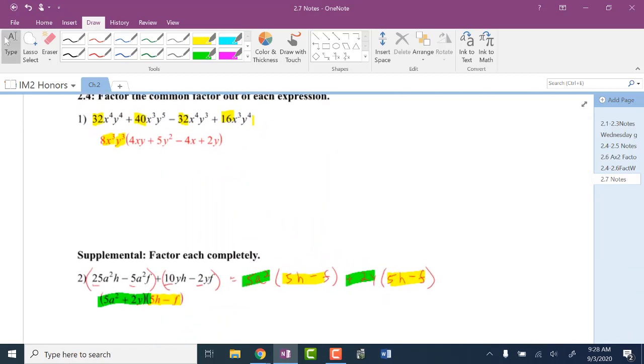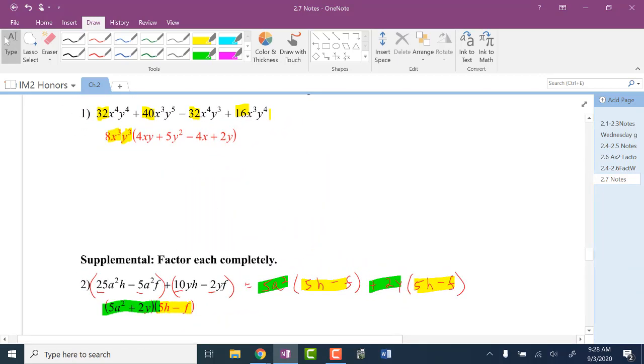These look scary, but if you just calm down, look for a GCF first and then see what's left over. No, I don't think this factors by grouping anymore. You could try it. They have a y as a like term, and I do want to cover this. 4x plus 5y, and then you could group this. This is plus a negative, and group these two terms.